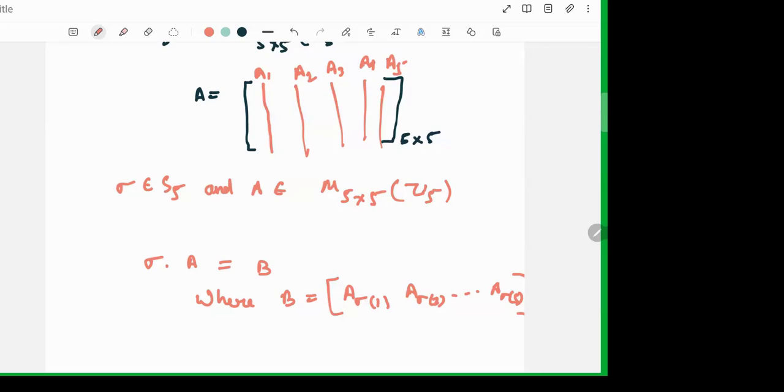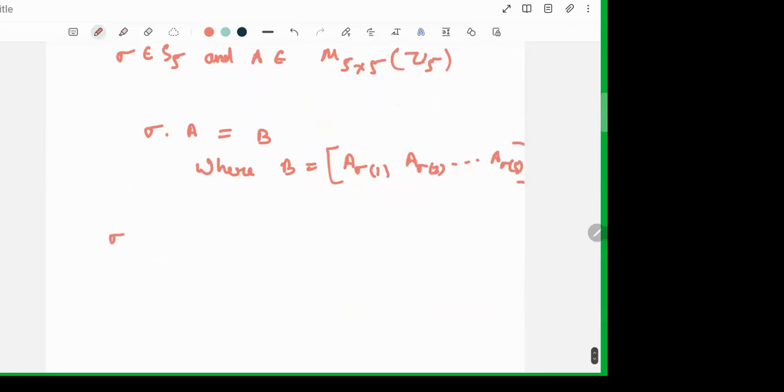Can you repeat again? I didn't catch. Let me give you an example. Suppose sigma is 3, 2, 1, 4, 5, where the rest are identity. Now A is any arbitrary matrix. What will sigma dot A be?